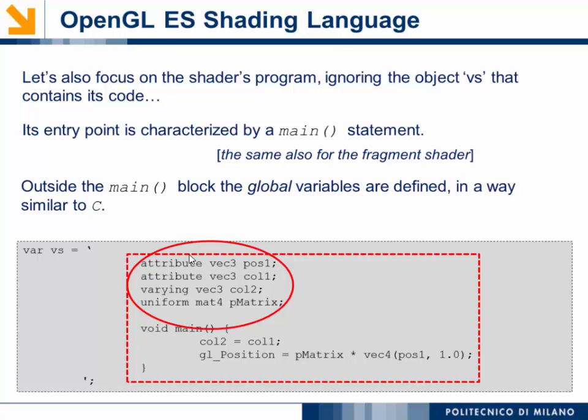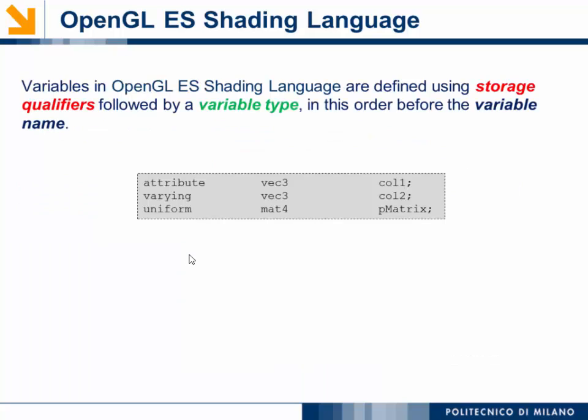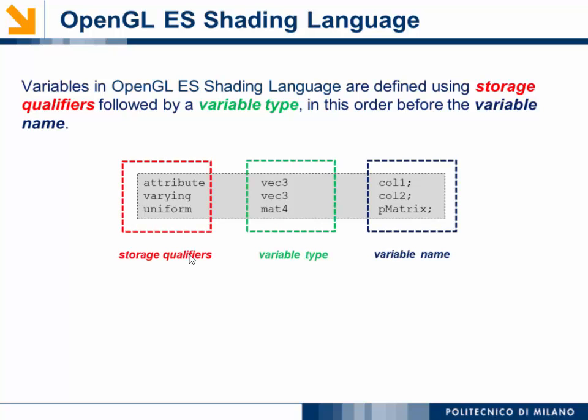Otherwise, we cannot send those values to the shader at all. We have a storage qualifier, a variable type, and then a variable name. Storage qualifiers: attribute, varying, uniform. Variable type is the type of the attribute that we are passing.